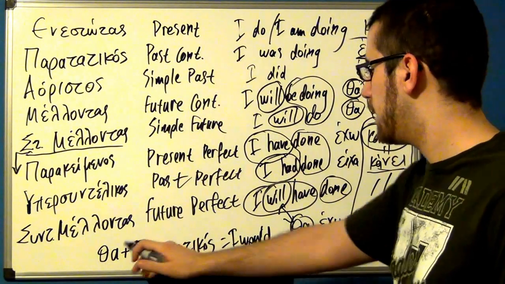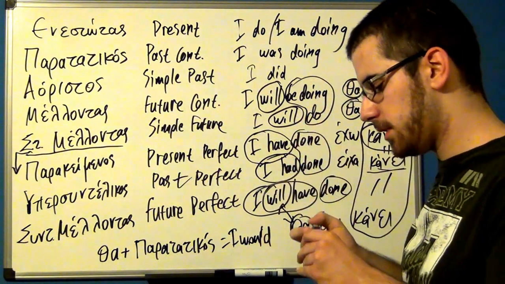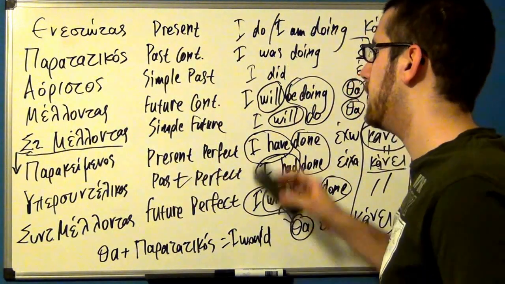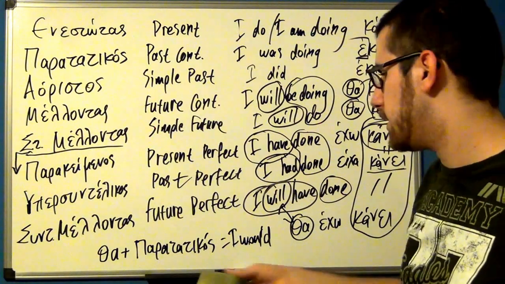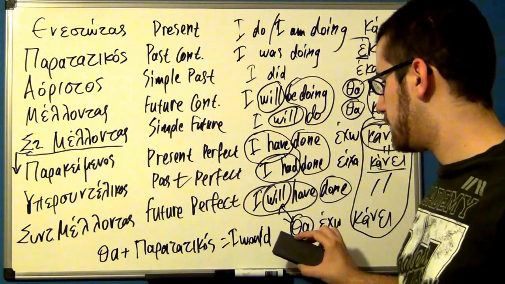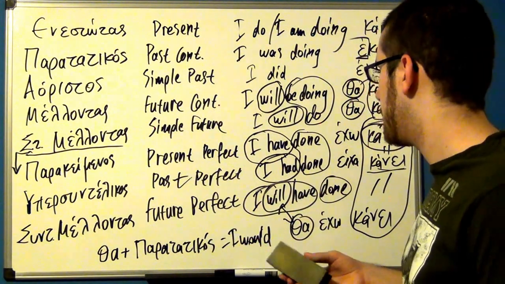You can say θα έκανα, "I would do." There are a lot of things like that. But officially, these are the actual tenses. I don't even know if this has a name, but if it does, I don't know it. But I think this covers most of the things you're ever going to encounter.